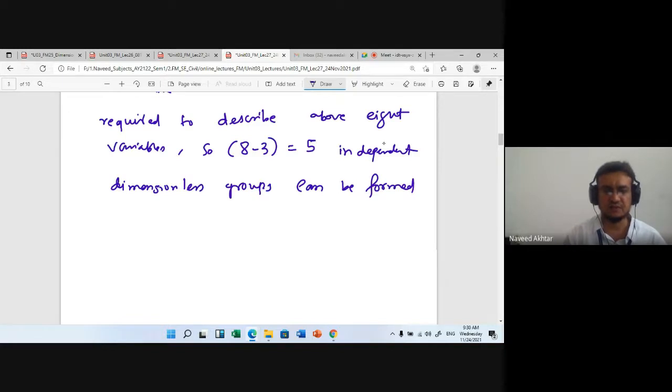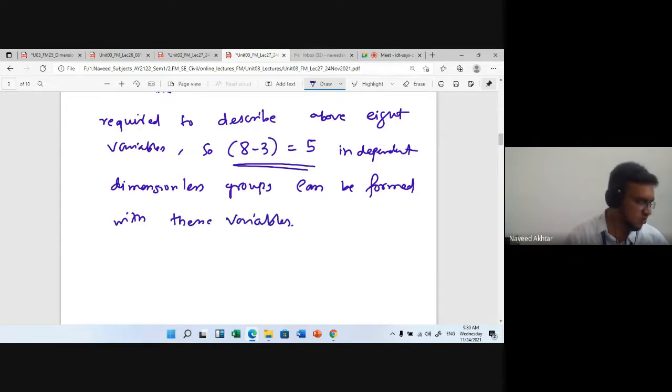So in the previous lecture there were 4, but in this example, if 8 variables are required to describe the fluid flow problem, then 8 minus 3, where 3 are the basic dimensions, 5 independent dimensionless groups can be formed with these variables.